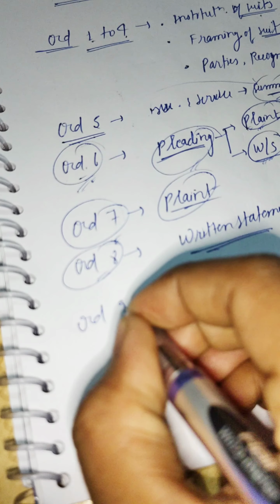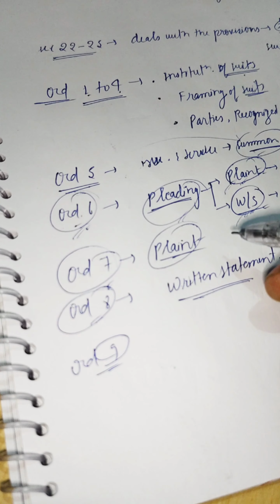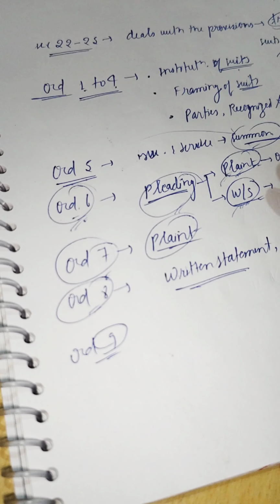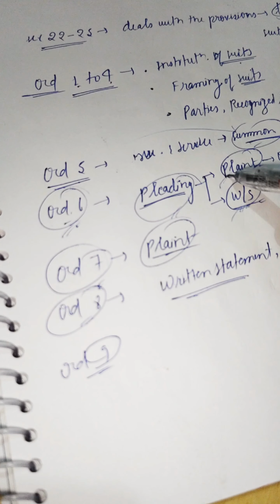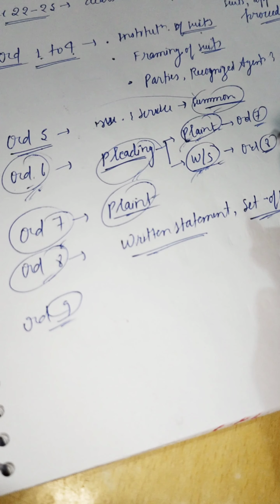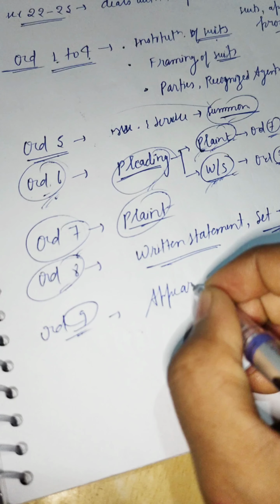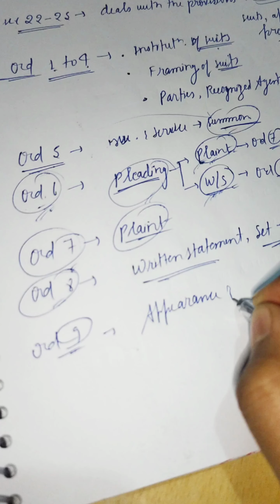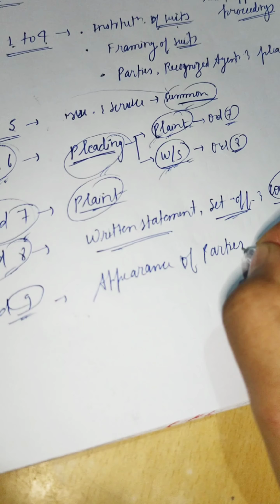After that we will discuss in order 9, after filing the plaint and written statement, after summoning the defendant or other party, the appearance of parties.